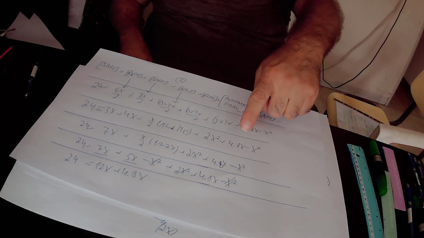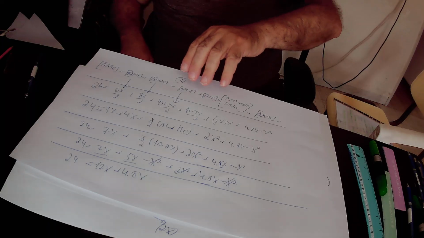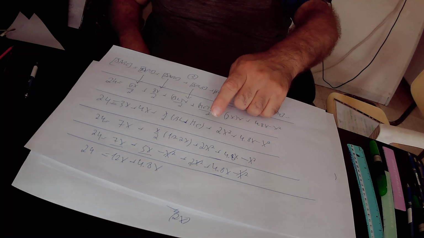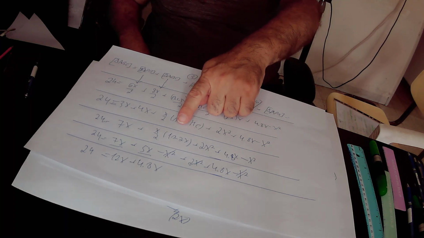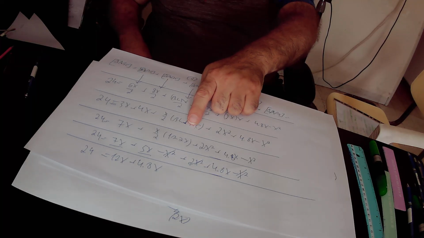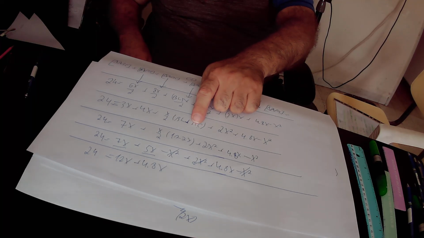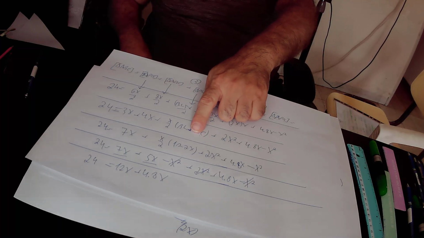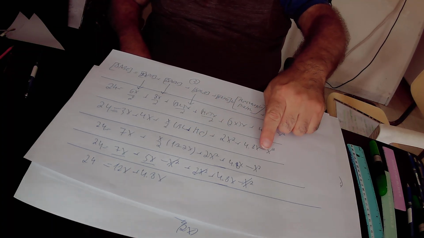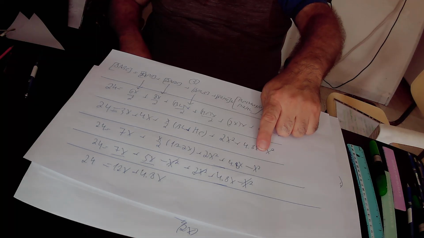We have 2x squared plus 4.8x minus x squared. So 24 equals 7x plus x over 2 times 10 is 5x. And x over 2 times minus 2x: minus 2 over 2 is minus 1, so we have x times minus x, that is minus x squared, plus 2x squared plus 4.8x, minus x squared.